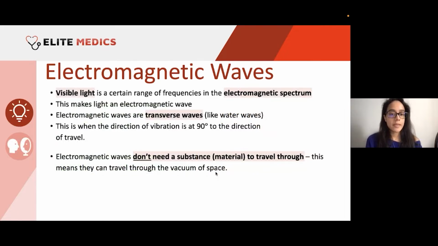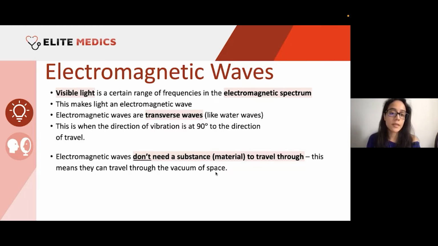So visible light is a certain range of frequencies within the electromagnetic spectrum. The light that we see all around us day to day is a type of electromagnetic wave, and it's called visible light because we can see it with the human eye. Some of these other electromagnetic waves we can't see with the human eye. Visible light is one that we can. And electromagnetic waves are transverse waves.